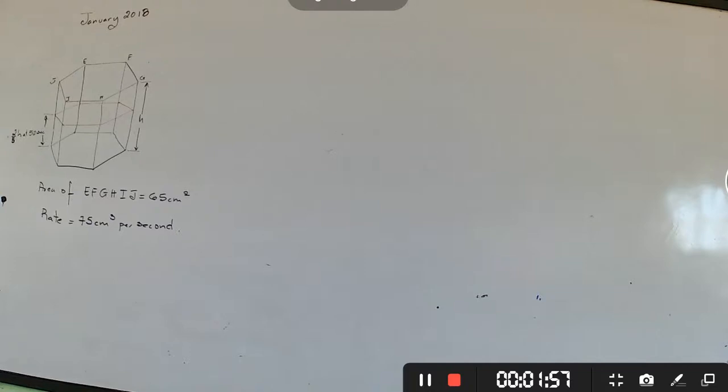So, therefore, if you turn on the pipe for only 1 second, 75 centimeters cube would have gone in. If you turn it on for 2 seconds, 150 centimeters cube of water would have gone in. Every second it's on, how much is going in? 75. Alright, hear this now.